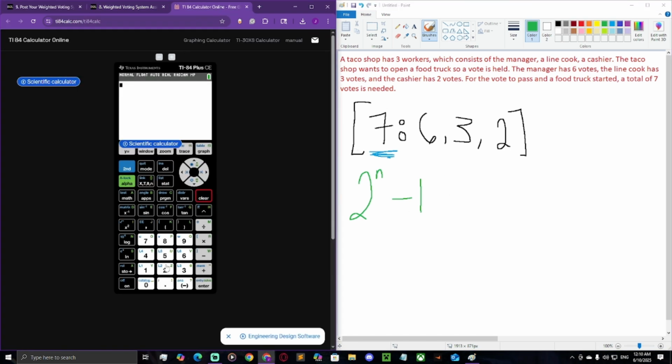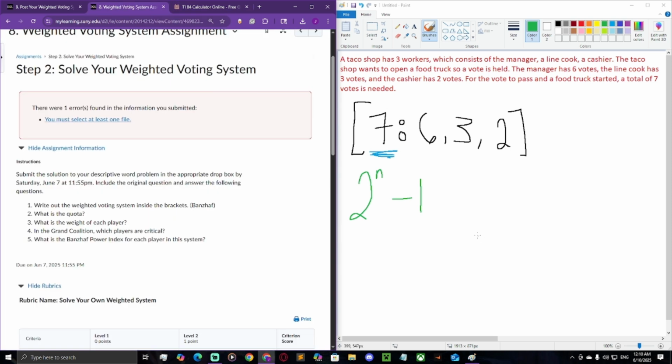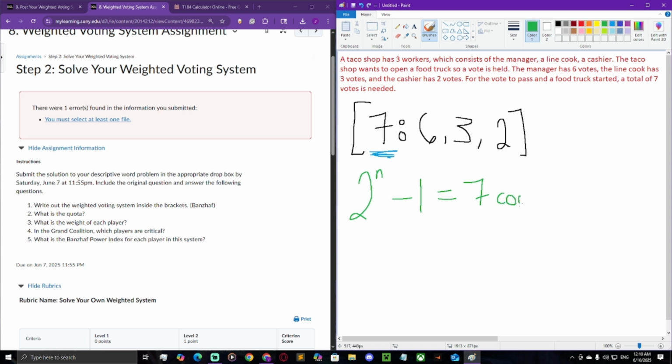So you can go to your calculator and type 2 to the power of n, our n being 3 because we have 3 players, minus 1 to remove those groups, and we get 7. So we have 7 coalitions. Now those coalitions, we're going to do this in orange. We have A by itself.